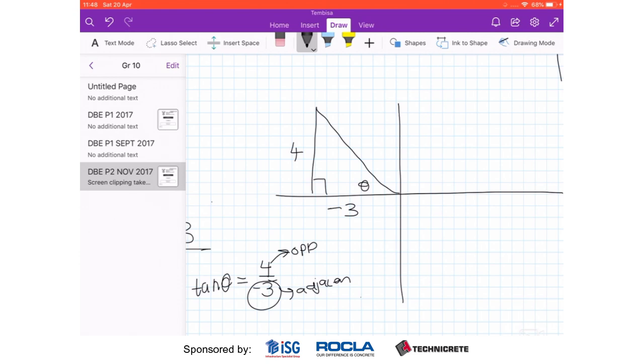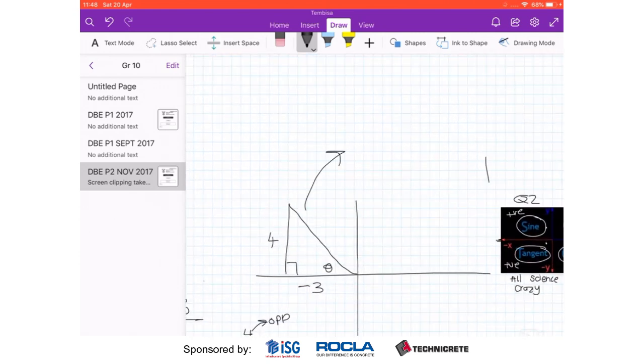I'm going to need to find my hypotenuse for use in other questions. So we're wanting the hypotenuse, let's label it r. So r squared is equal to 4 squared plus 3 squared, which is 16 plus 9, 25.